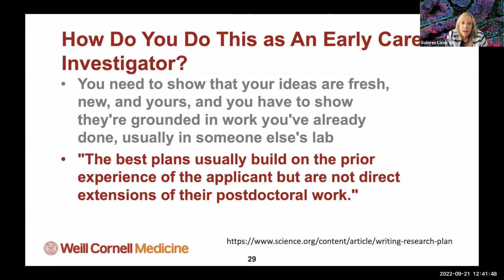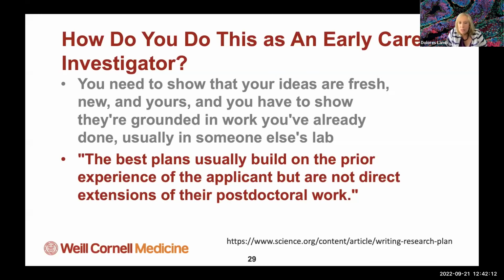So, how do you do all these things as an early career investigator, in terms of setting your research plan and your research agenda? Because the ultimate thing is that you have to show that your ideas are fresh and new, right? And also that you've experienced, it's feasible that you can do the work that you're proposing to do.